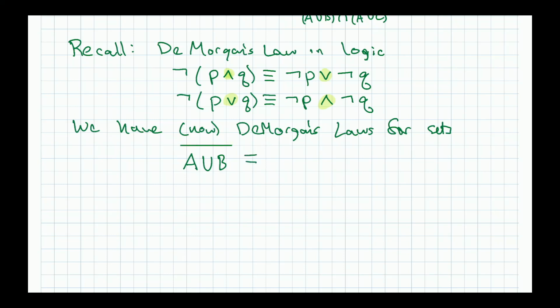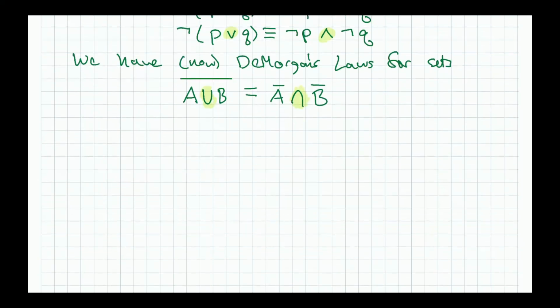And what is it equal to? Well, you do the complement of the individual sets, but just like before, the symbol is going to switch to the other symbol. And same thing for intersection instead of union.